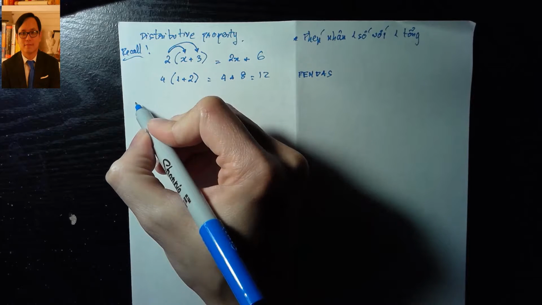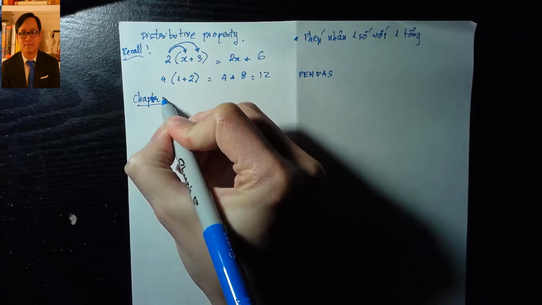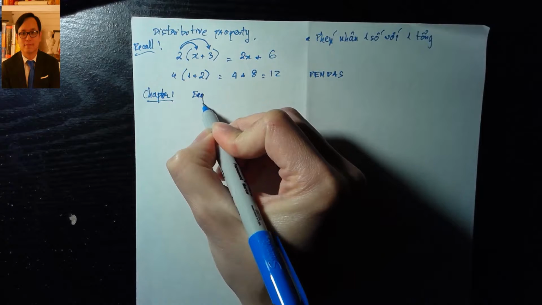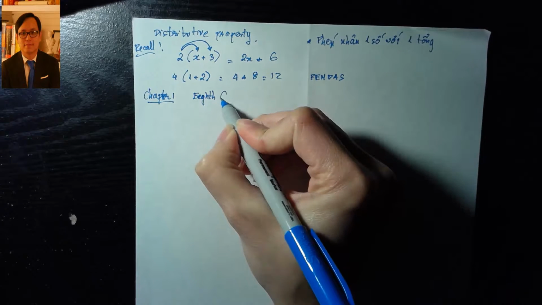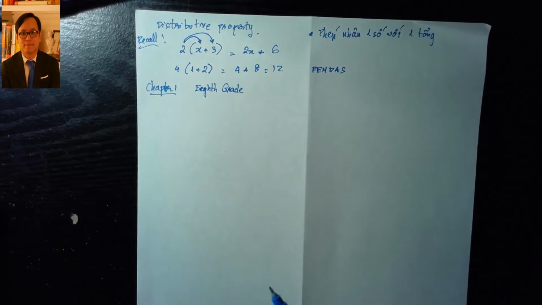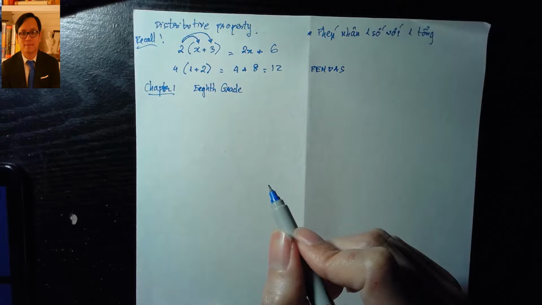Okay, this is chapter 1, 8th grade mathematics. And chapter 1 is talking about phép nhân và phép chia các đa thức.